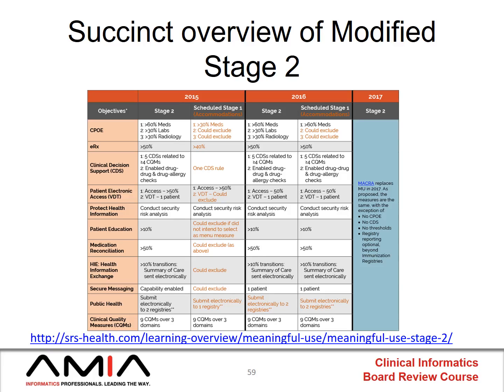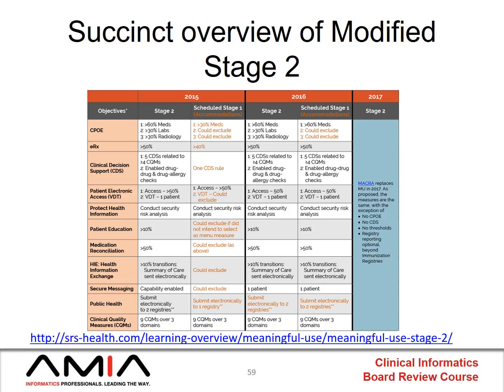This slide shows a nice succinct table, available at the link listed here, of what's in modified stage 2 of meaningful use, and contrasts that with scheduled stage 1, which some providers who qualify are able to stick to.